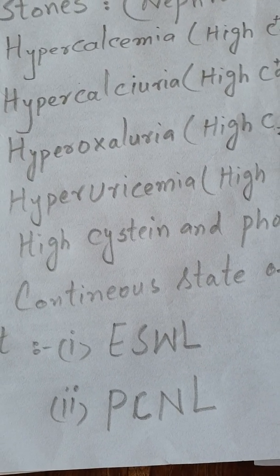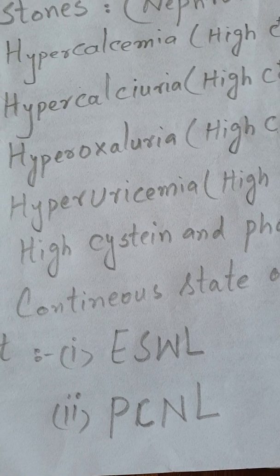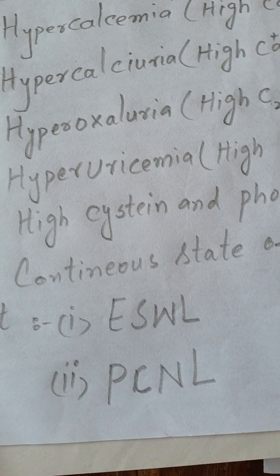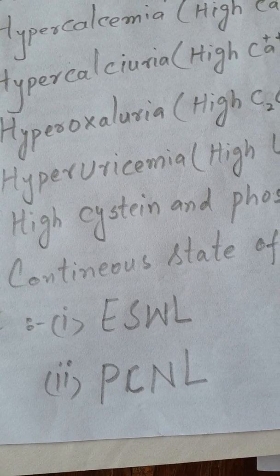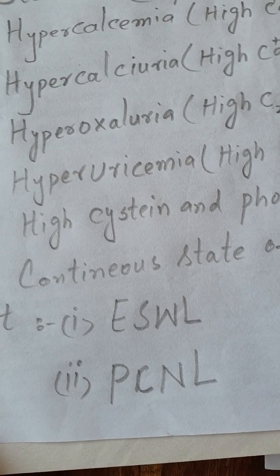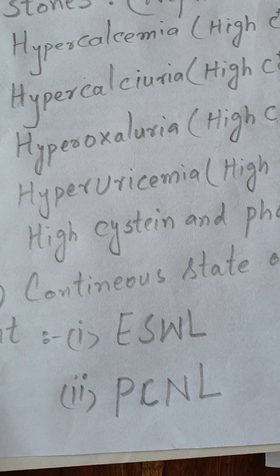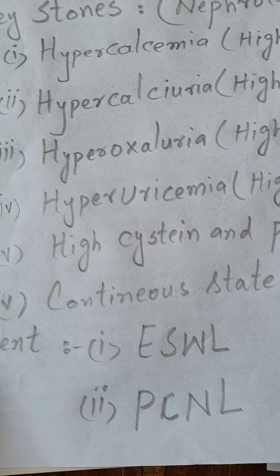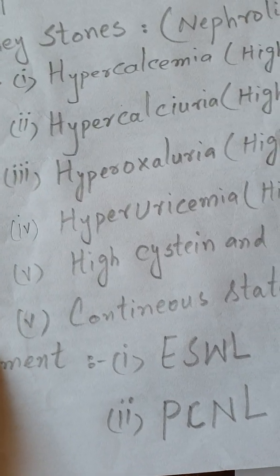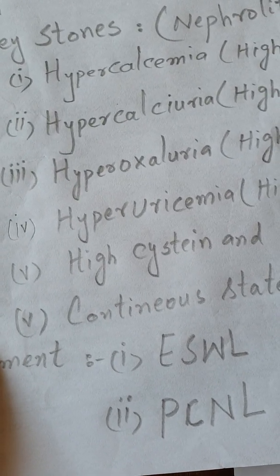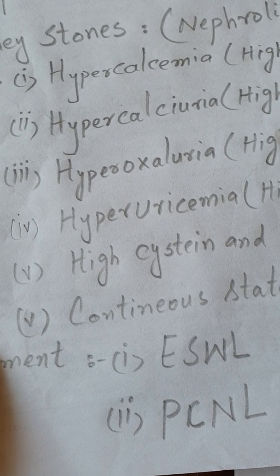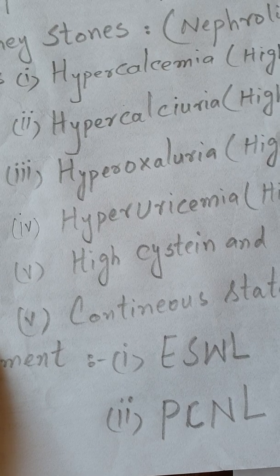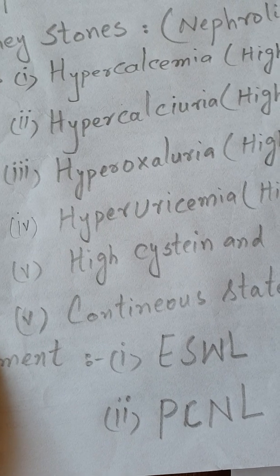While percutaneous nephrolithotripsy is a treatment in which a tube is inserted inside the patient body. Inside the tube, then an ultrasound machine is put, in which the stone is visualized, and it is broken into small sand, or it is pulled by special equipment from the patient body.